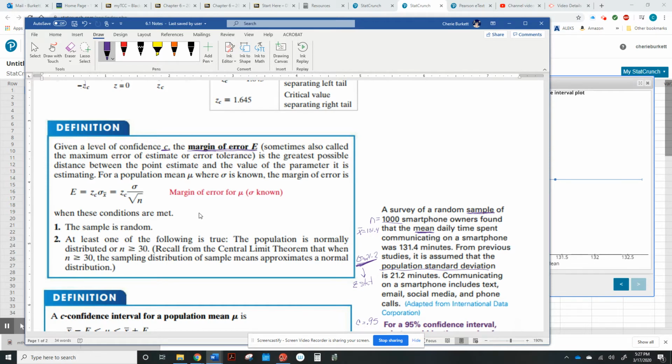Let's see, the population mean, the margin of error is this. Where do they tell us what this is? Because you need to know what this is right here.